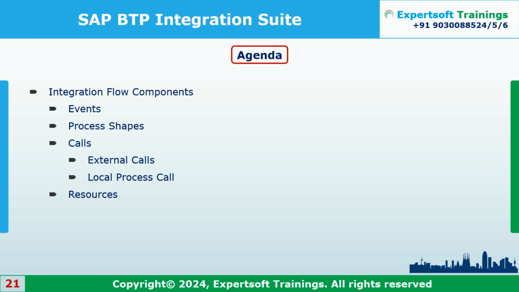So you can do the external calls, and within the integration you can do your local calls. That is local process call, like calling one integration flow from another integration flow. And resources, where you can add your mappings, your XSDs and other stuff. So that is resources.